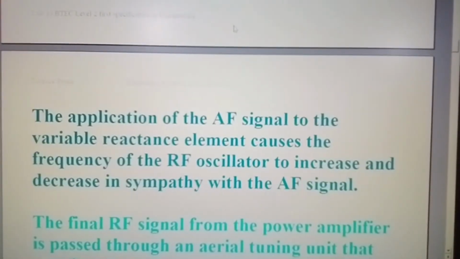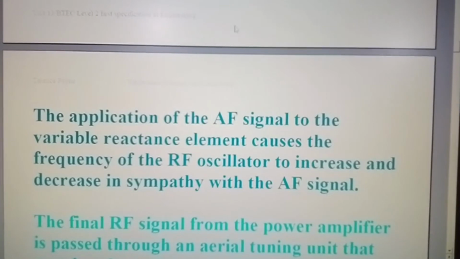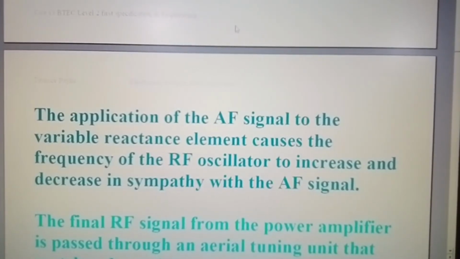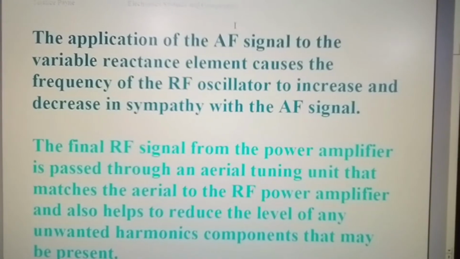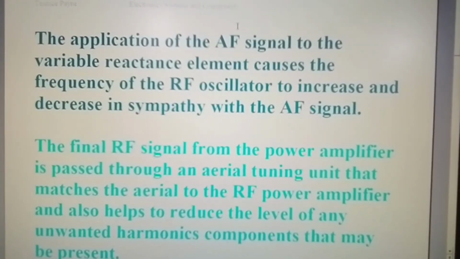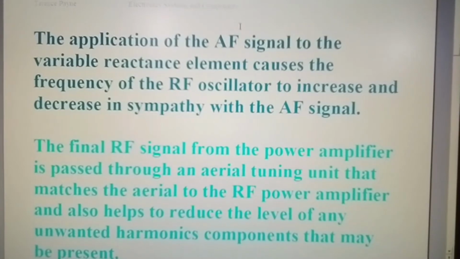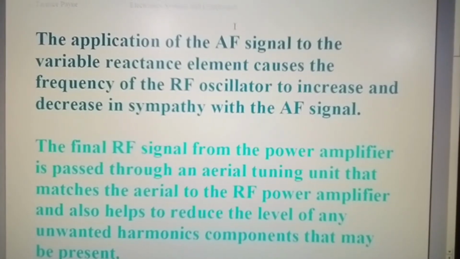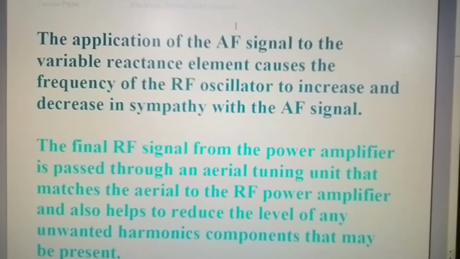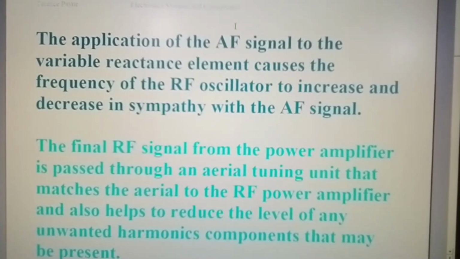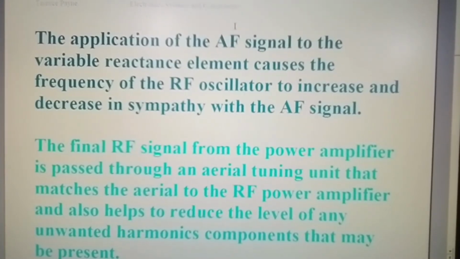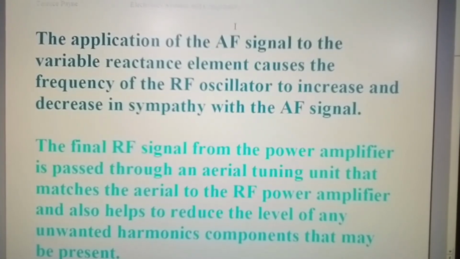Now the application of the AF signal to the variable reactance element causes the frequency of the RF oscillator to increase and decrease in sympathy with the AF signal. The final RF signal from the power amplifier is passed through an aerial tuning unit that matches the aerial to the RF power amplifier and also helps to reduce the level of any unwanted harmonic components that may be present.